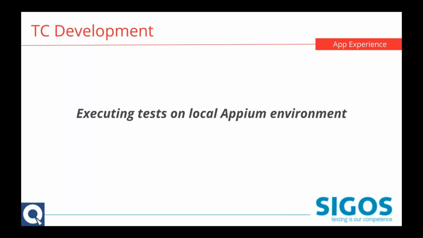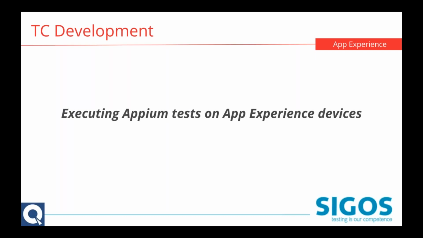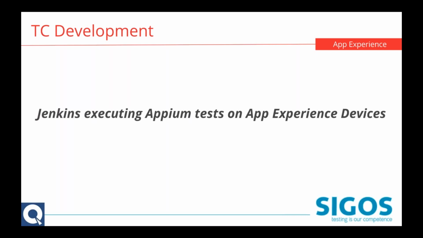We'll execute this test on a local Appium environment. Then we'll execute this Appium test on SIGOS App Experience devices. And lastly, we're going to take the human component out of it, and Jenkins is going to be responsible for launching your Appium tests on the App Experience devices.